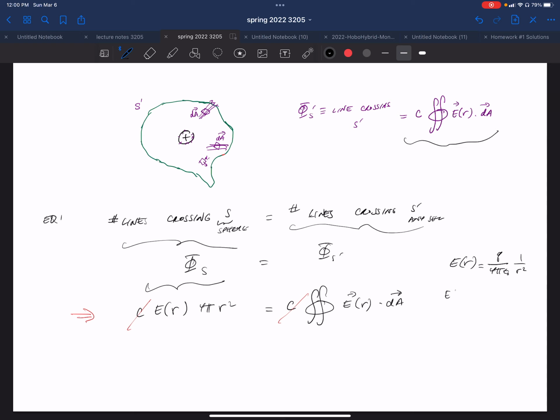So E sub R 4 pi R squared is Q over epsilon naught. Just rewriting this, I can say Q over epsilon naught is equal to the surface integral over a closed surface of E sub R dot dA.